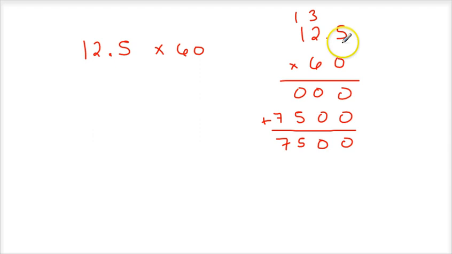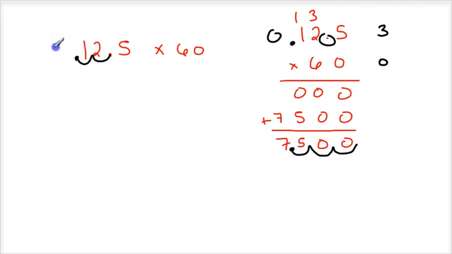I have one decimal here. Going to bring over my decimal place. 12.5%. I'm sorry, this was 12.5%. This should actually be 0.125 times 60. So in this case, I have 3 decimals on top, none on the bottom, moving it over 1, 2, 3.